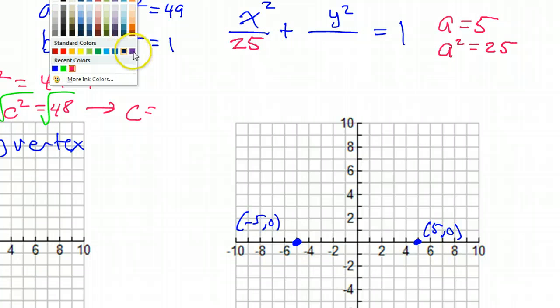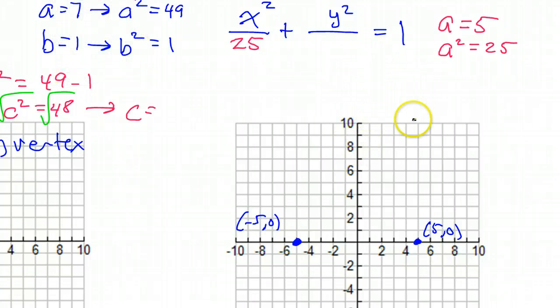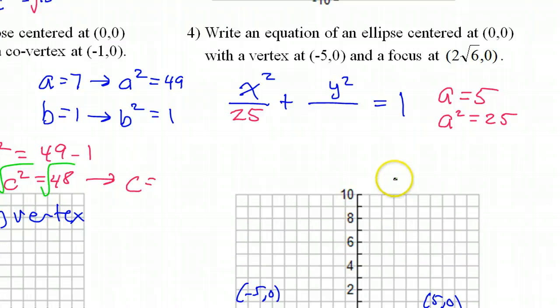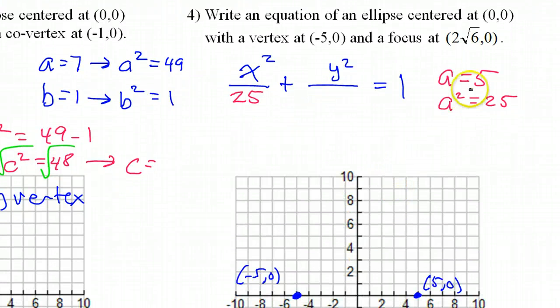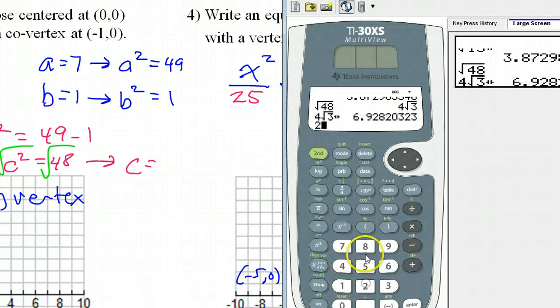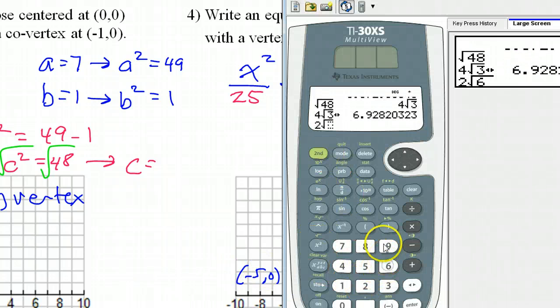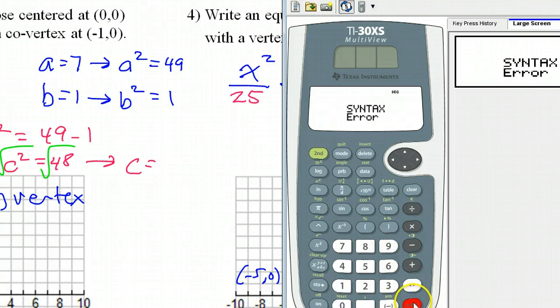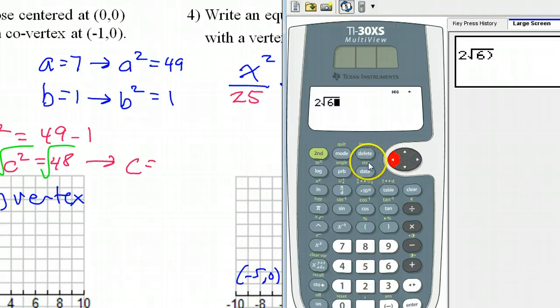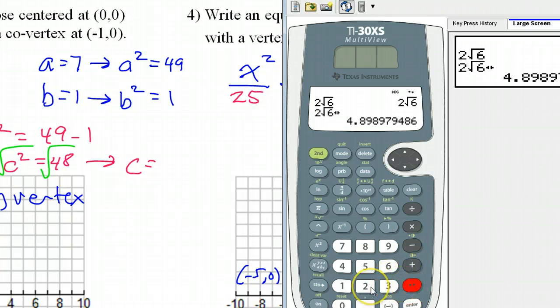Okay, great. What else did they tell us? Oh, they gave us the focus. The focus is at 2 radical 6 comma 0. Now look, let's go ahead and make this a decimal approximation. 2 radical 6 is about 4.9.